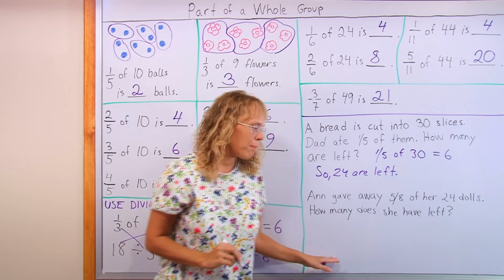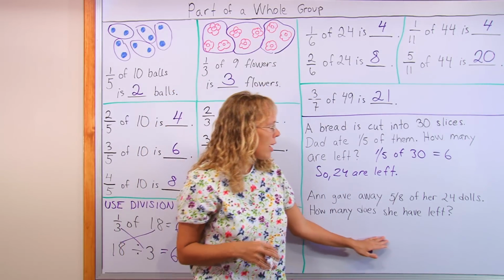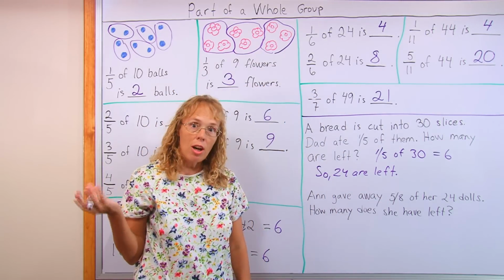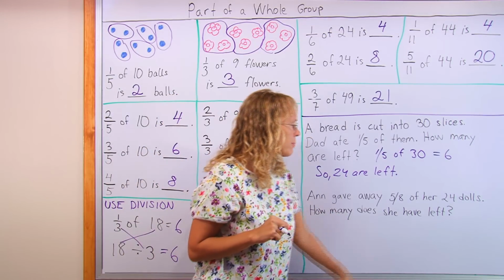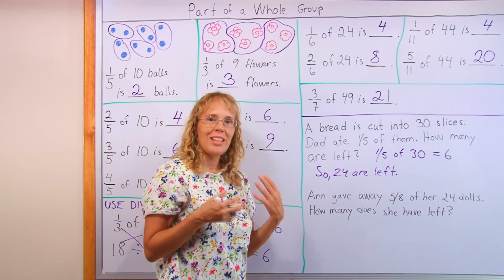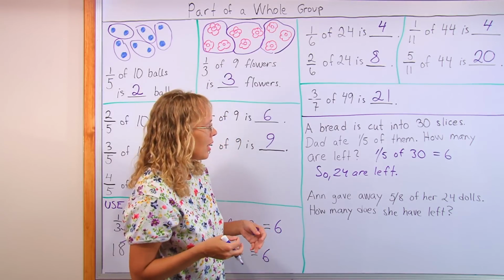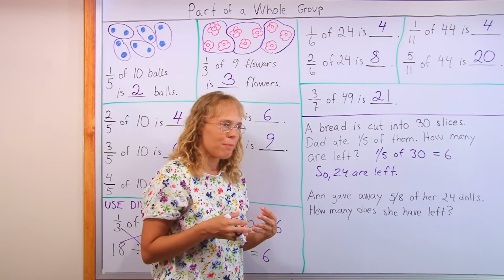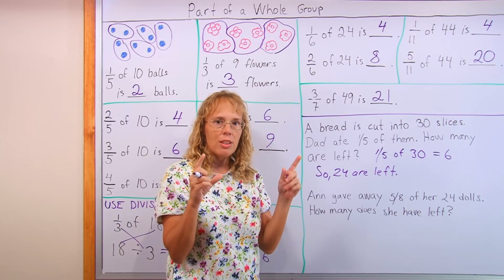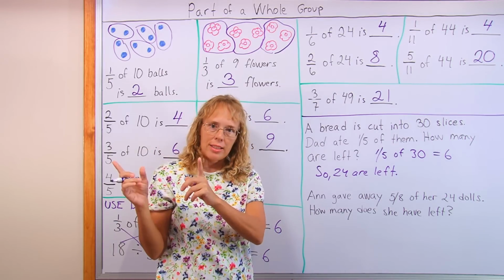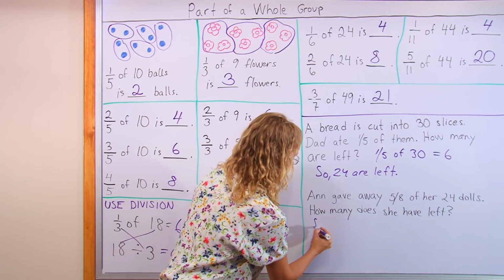Here's another problem. Anne gave away 5/8 of her 24 dolls, maybe to a charity. How many does she have left? Another one of those how many left problems. And I'll solve it now in a different way. Since Anne gives away 5/8 of her dolls, Anne will have 3/8 of her dolls left.